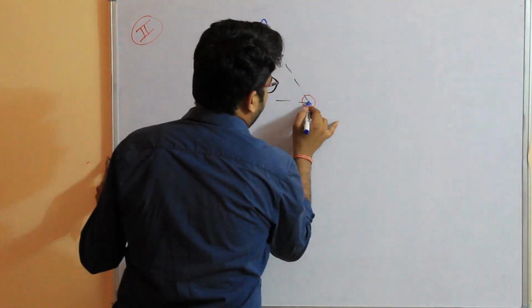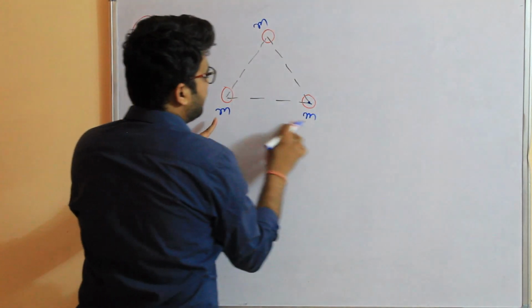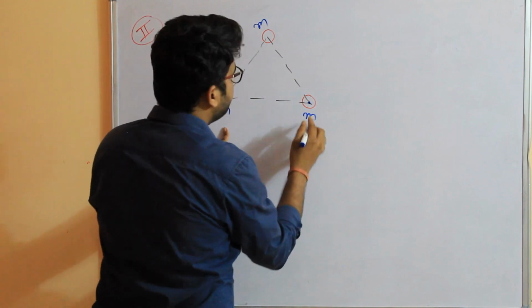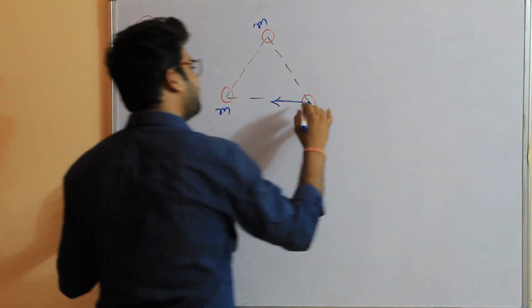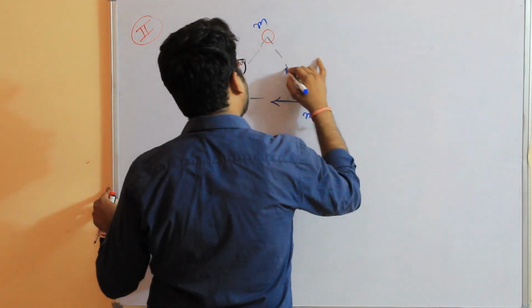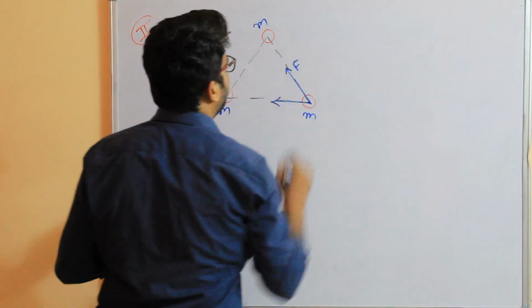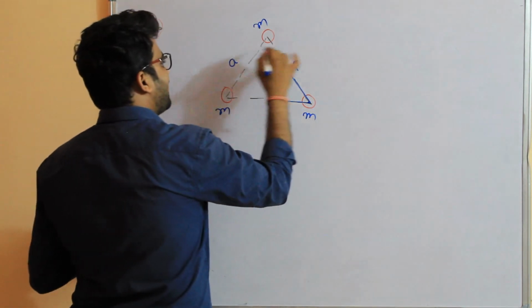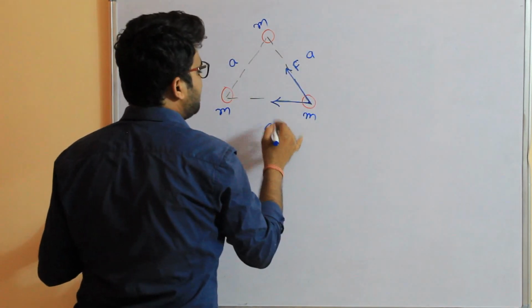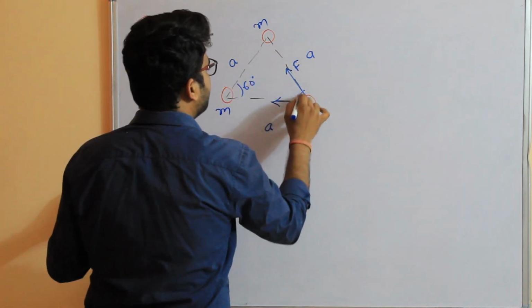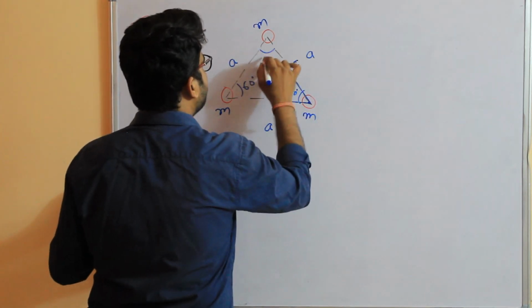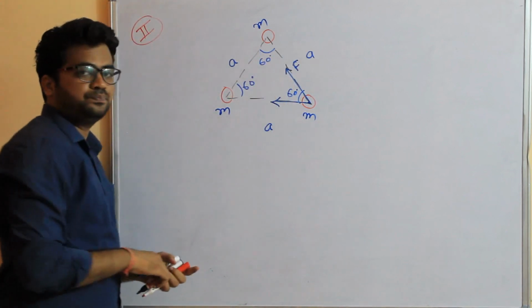Okay. See, we have the force of attraction between this small m and small m, this towards the small m, and likewise the force of attraction between these two is towards this small m. As this is an equilateral triangle, the sides must be equal. And what is the angle over here? It is 60 degree, 60 degree and 60 degree, right?